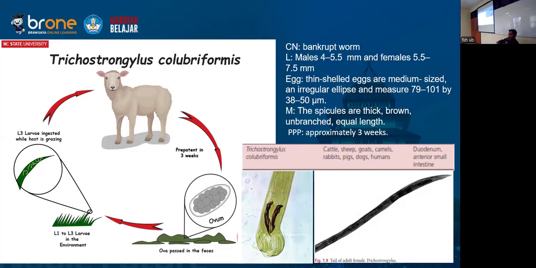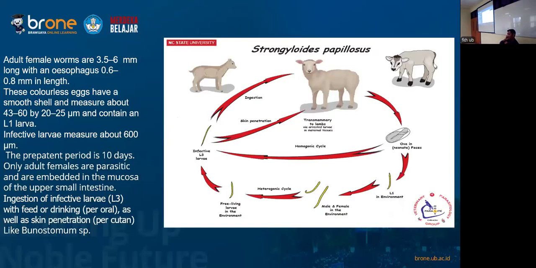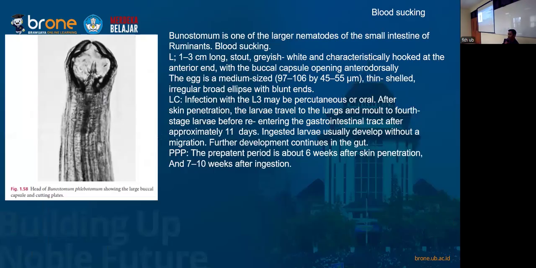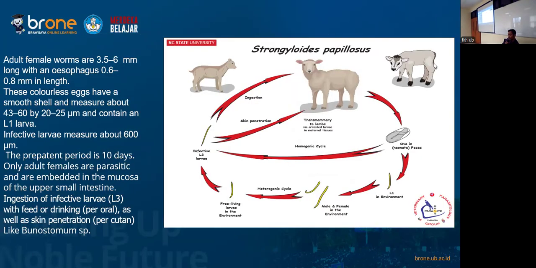colubriformis. And we jump to the second group that has transmission by peroral and also percutan: Strongyloides and Bunostomum. And I told you last week that Strongyloides has a specific or unique characteristic.